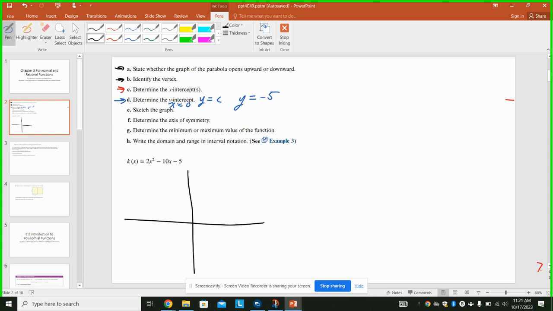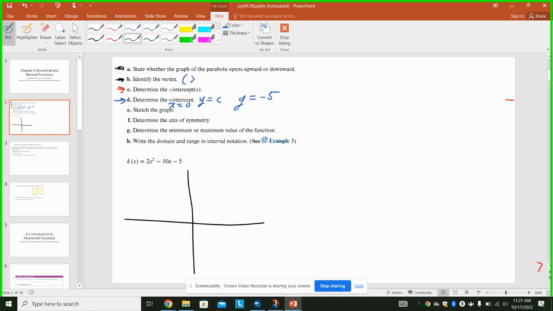If you recall from some of the things we've done so far, start off with the vertex, which was 5/2, 30. That's probably a lot easier in decimal form.